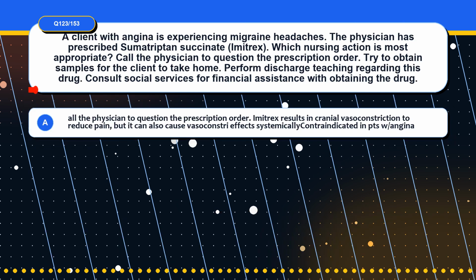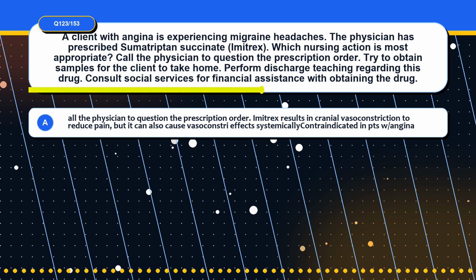Question 123. A client with angina is experiencing migraine headaches. The physician has prescribed sumatriptan, Imitrex. Which nursing action is most appropriate? Call the physician to question the prescription order. Try to obtain samples for the client to take home. Perform discharge teaching regarding this drug.